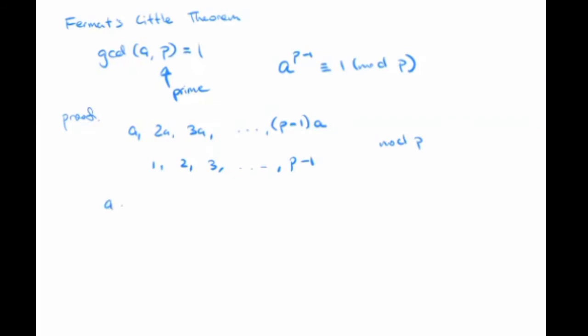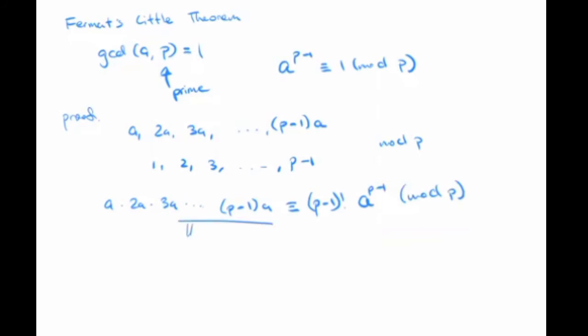So then A times 2A times 3A all the way to P minus 1 times A is congruent to P minus 1 factorial times A to the P minus 1 power mod P. But we can also replace this with 1 times 2 times 3 up to P minus 1, which is P minus 1 factorial mod P. This is just -1.